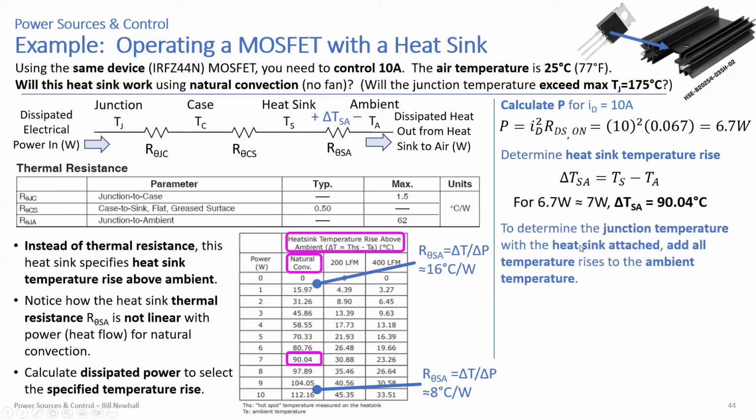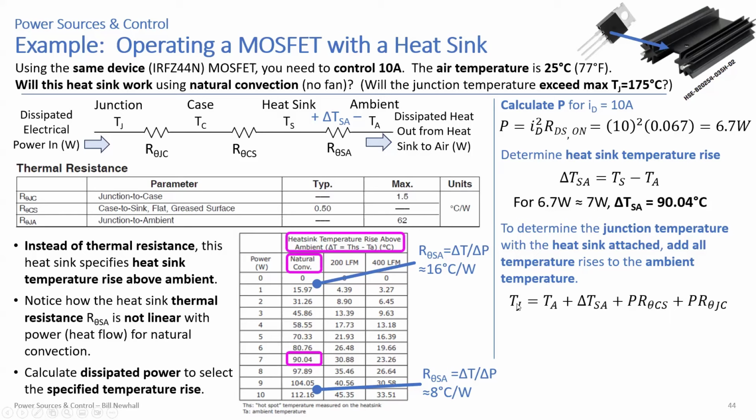Okay, so to determine the junction temperature with the heat sink attached, add all the temperature rises to the ambient temperature. The ambient is 25 C. Let's add all the temperature rises across sink to ambient, case to sink, junction to case.